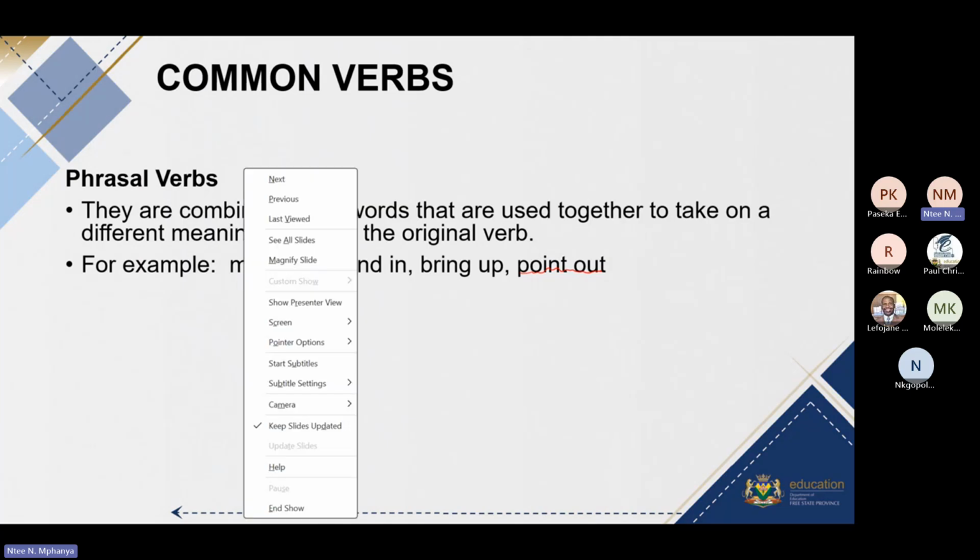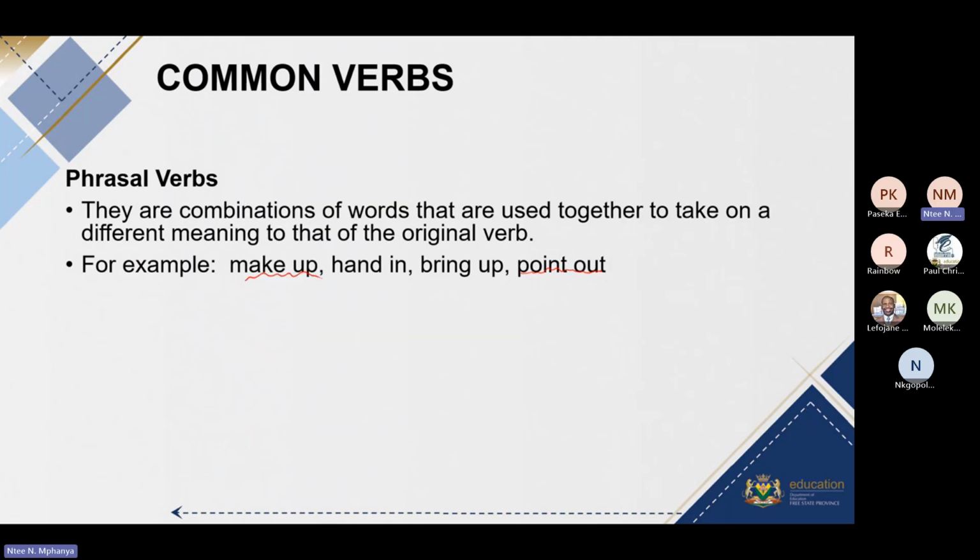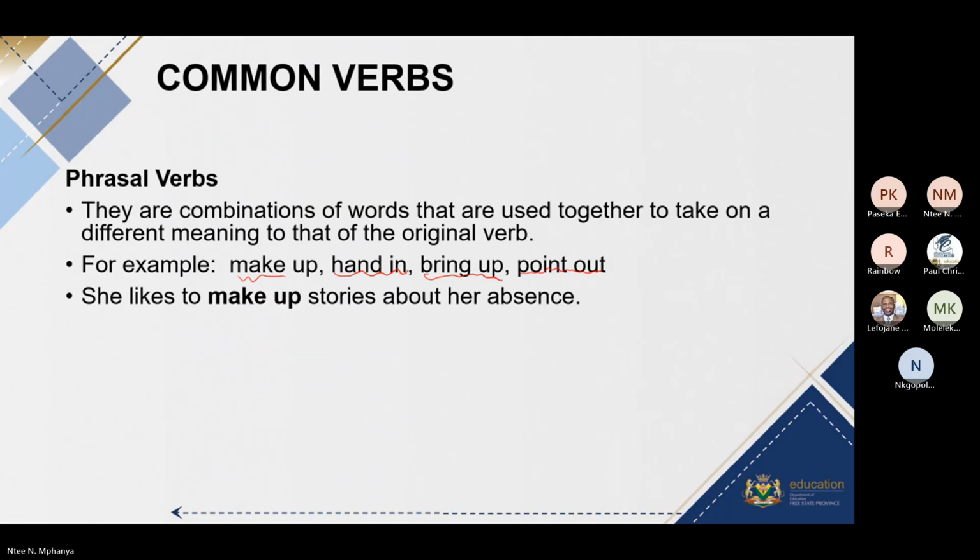So it's a phrase of two words. Therefore, they are phrasal verbs. An example here, she likes to make up stories about her absence. So make up is phrasal because it's more than one word that makes up that verb.